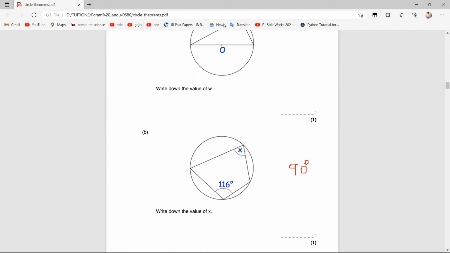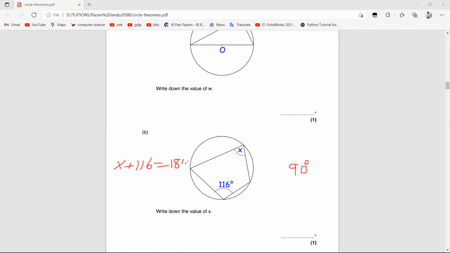Now, angles in a cyclic quadrilateral, we know that the opposite ones are supplementary. Supplementary simply means they add up to 180. So X is opposite to 116. That means X plus 116 should be 180. That's according to circle theorems on cyclic quadrilateral.